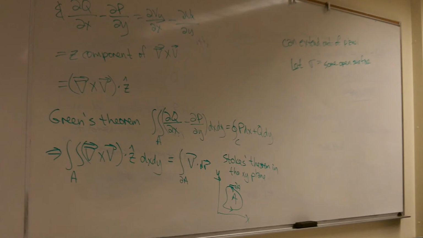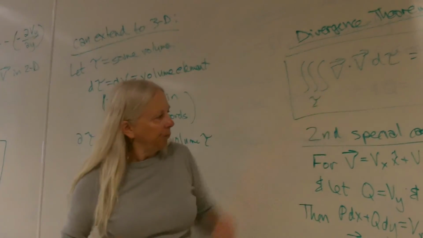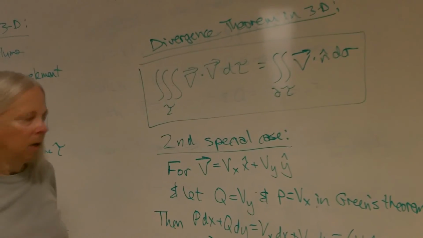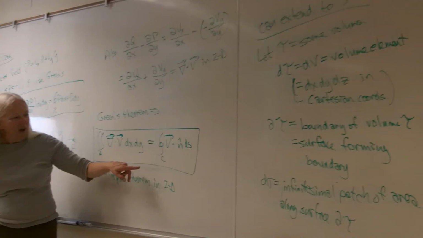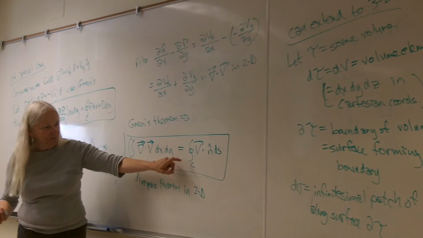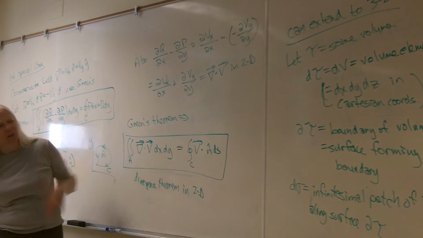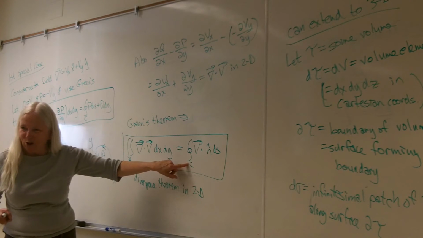When we were talking about the 3-dimensional version of the divergence theorem, I'm sorry, the 2-dimensional divergence theorem back here, in the 2-dimensional version, this was a closed curve, right?